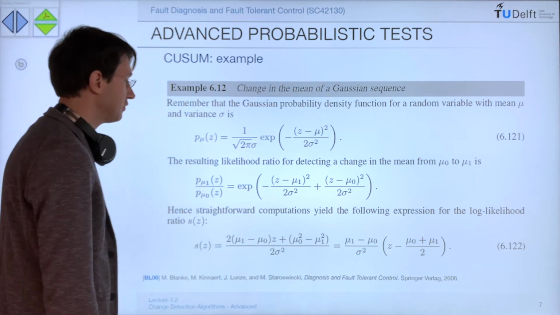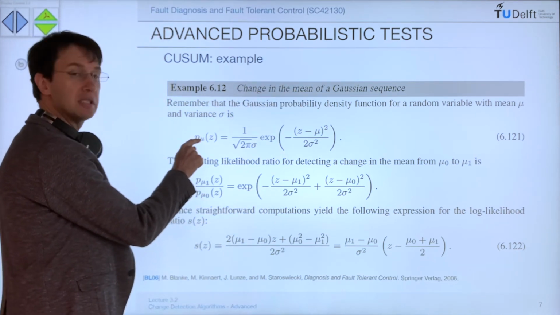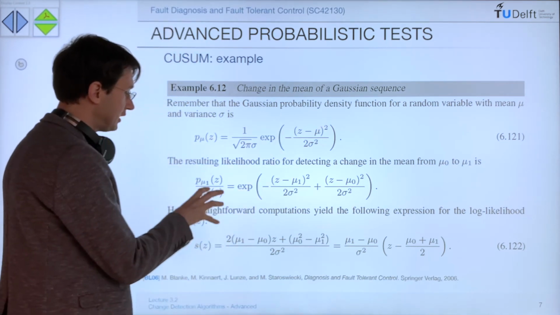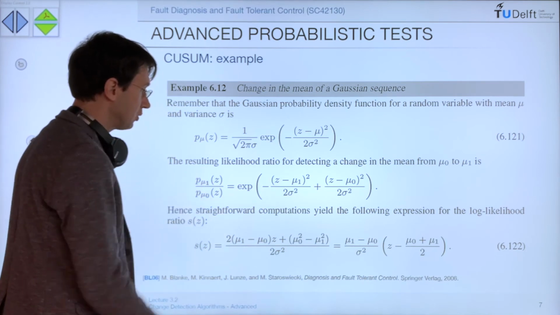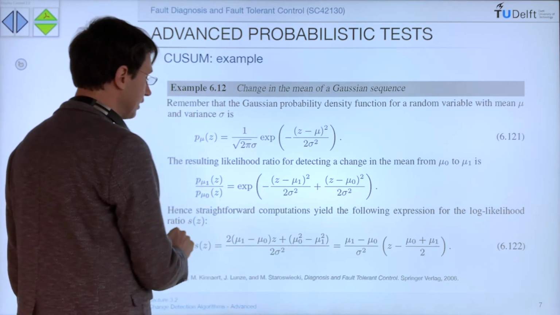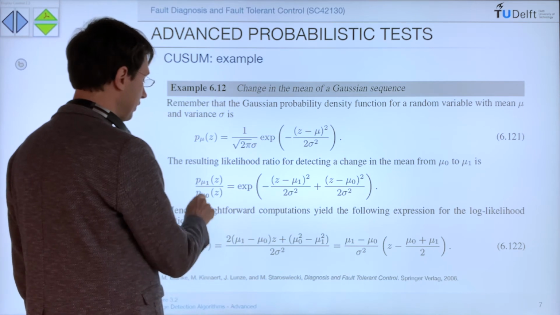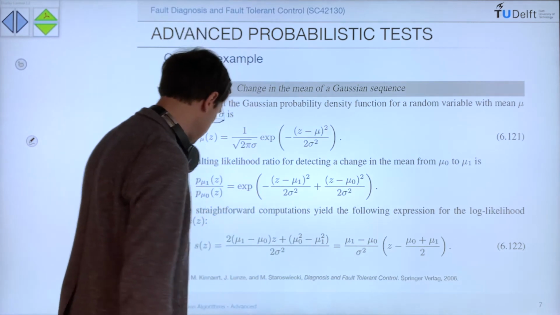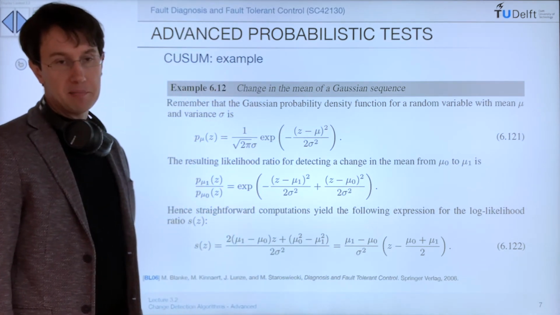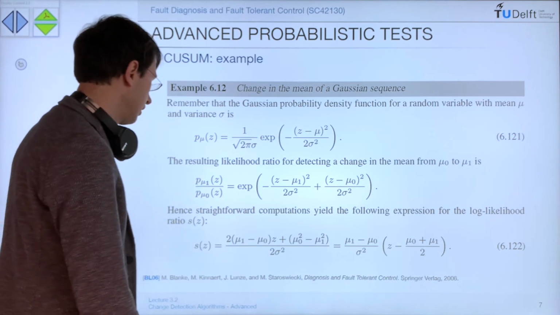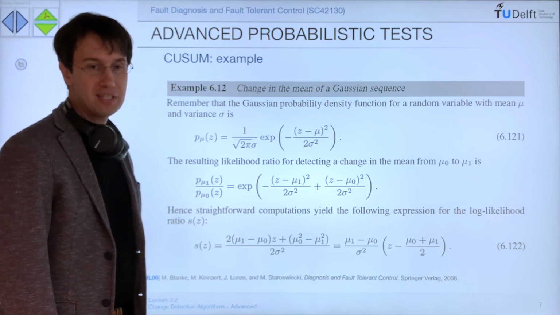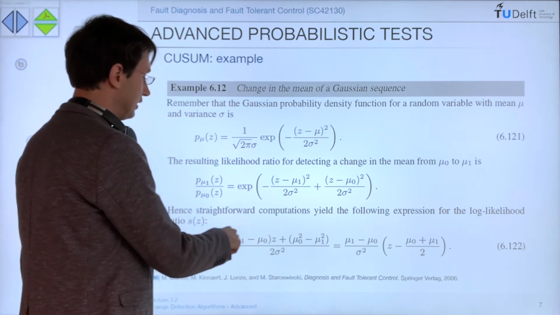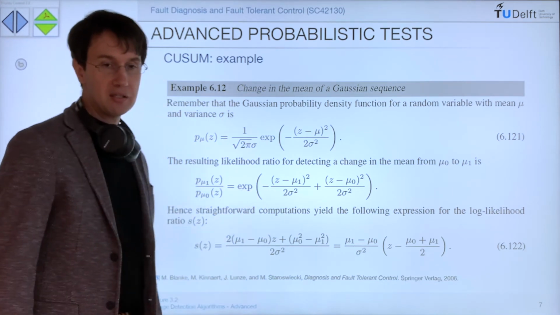So if you have a Gaussian variable, the probability under the hypothesis that the mean is equal to mu is equal to this one. If you take the ratio between the two probabilities under the hypothesis that the mean is mu1 or mu0, you get this expression here with an exponential. And now you see why people use the log likelihood. Because when you have Gaussians, by taking the log likelihood of this ratio, the exponential goes away.